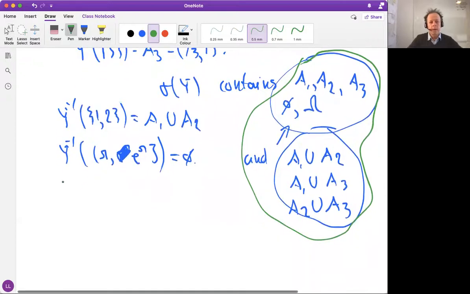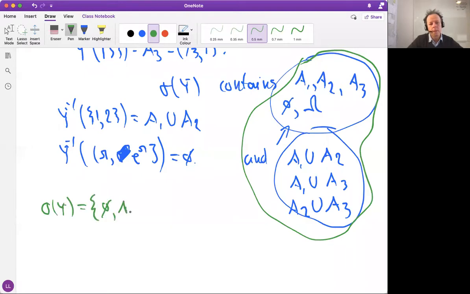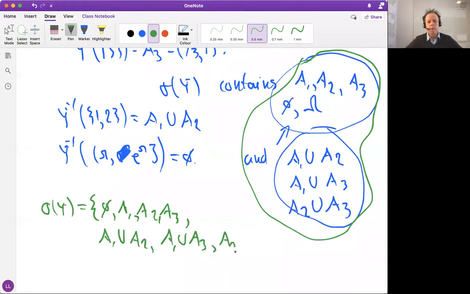As an exercise or homework, you could check that the sigma algebra generated by Y is the collection which contains the empty set, A1, A2, A3, the unions A1 A2, A1 A3, and A2 A3, and then the full union A1, A2, A3, and that's it.